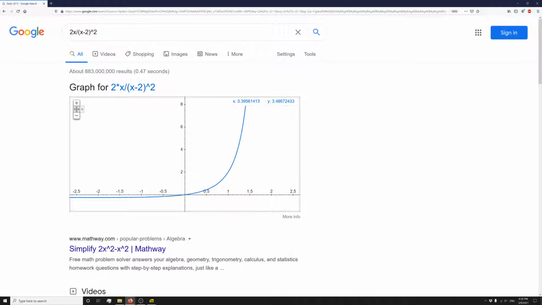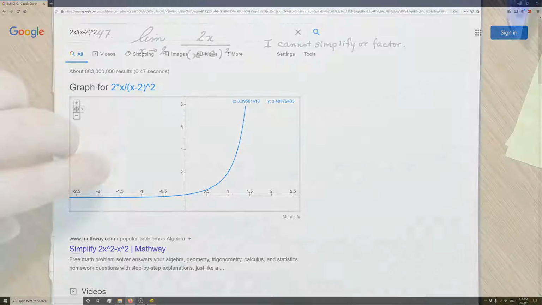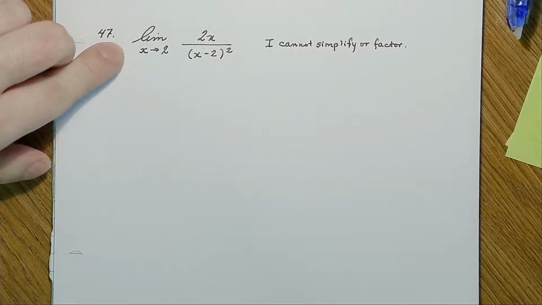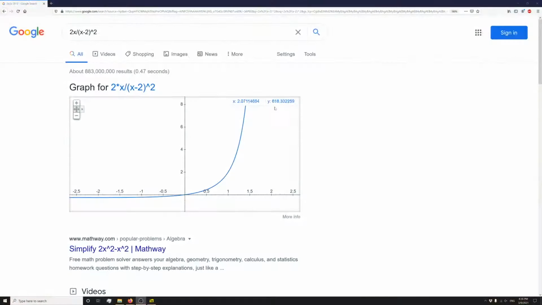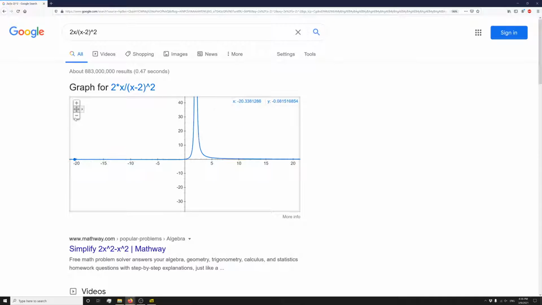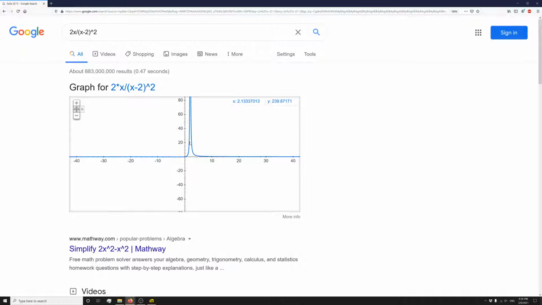So again, the original question that we were working at here was the limit as x goes to 2. And so what's happening around 2? The limit is going off to infinity. So I've got an infinite discontinuity happening around 2.